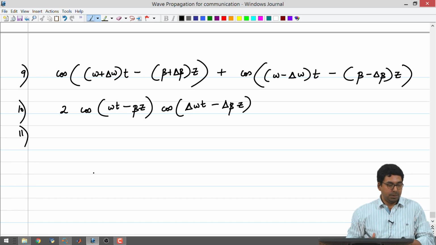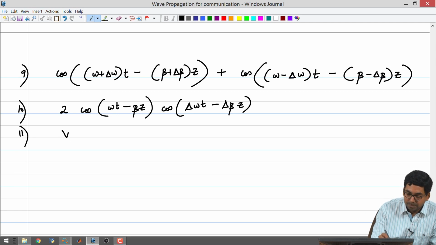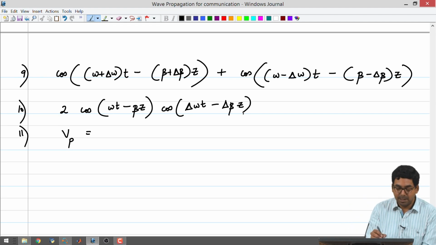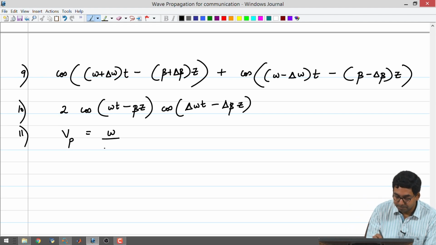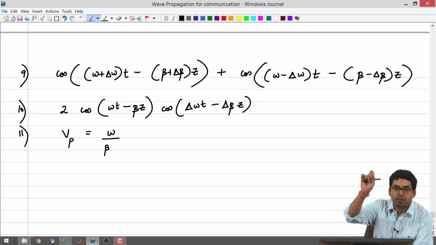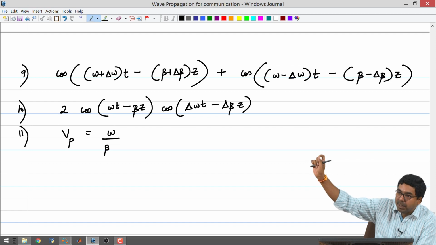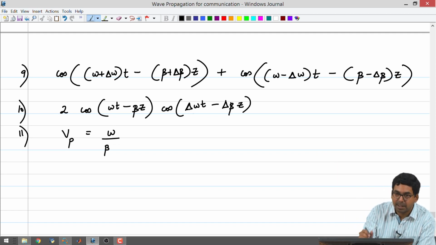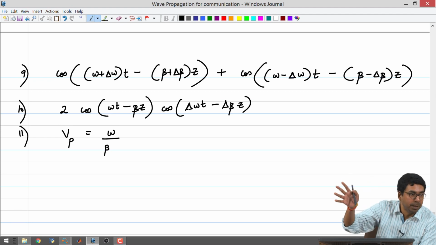So, I can now write down the phase velocity of this entire combination. Phase velocity is omega by beta, that is how fast your point of single phase is traveling through the space with respect to time, and then there is another term which is actually telling you how fast the envelope is moving, all right.